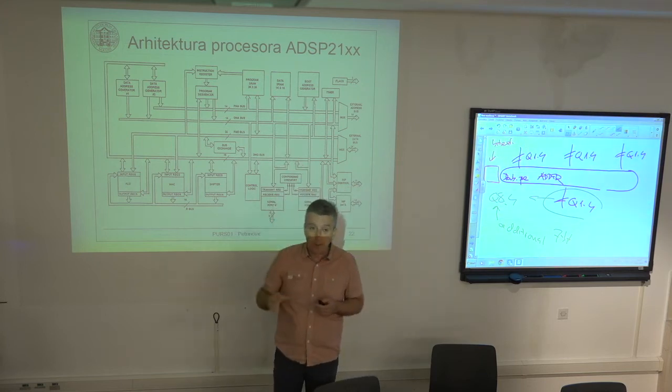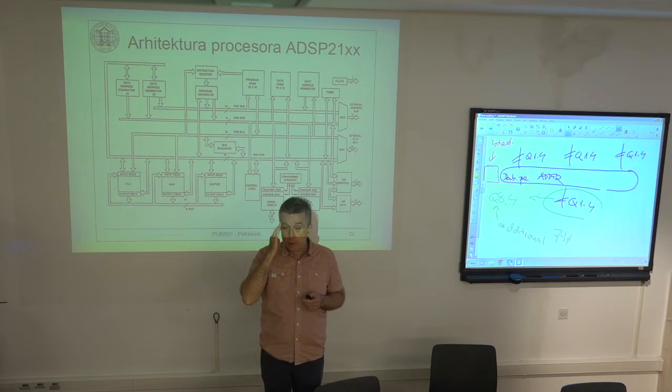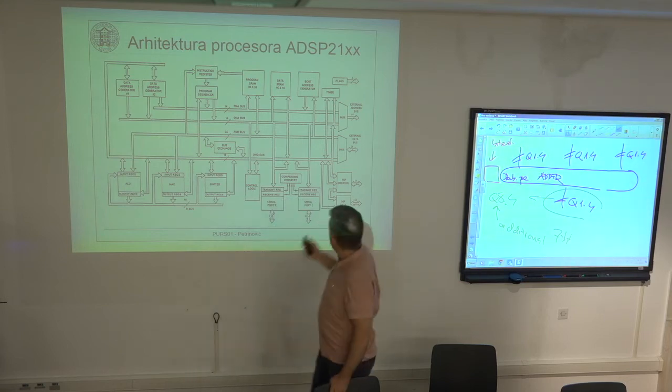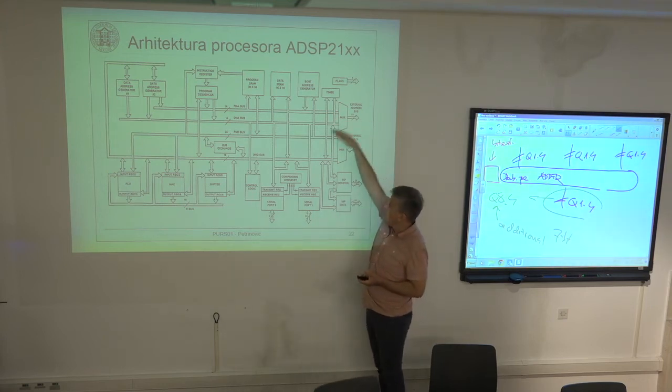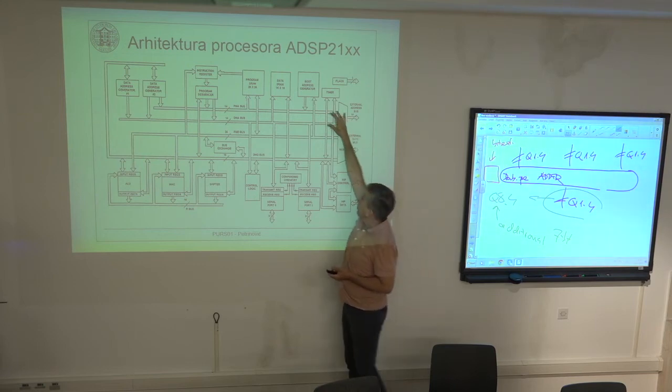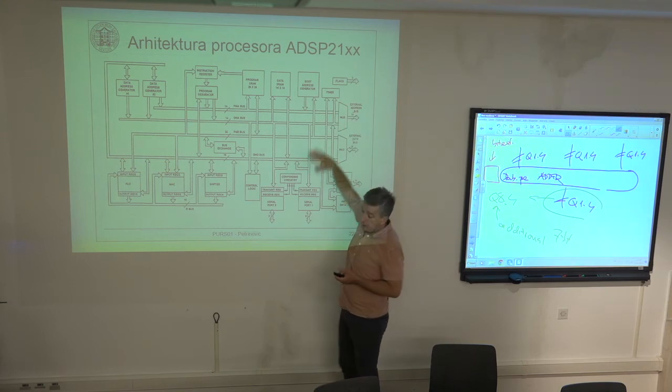But if the capacity of the internal RAM is not sufficient, if I have to connect external RAM, then I have these multiplexers that connect this external RAM either to the program memory space or to the data memory space. So these two address buses are multiplexed.